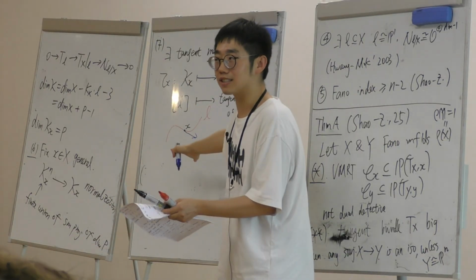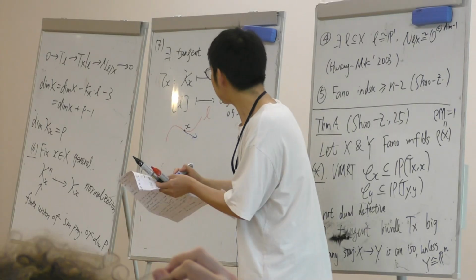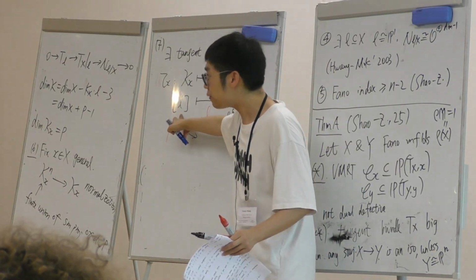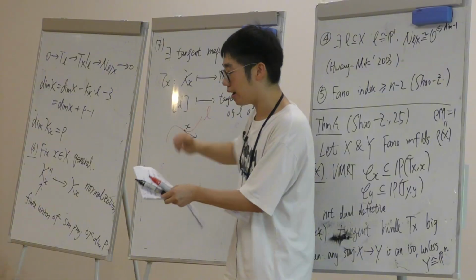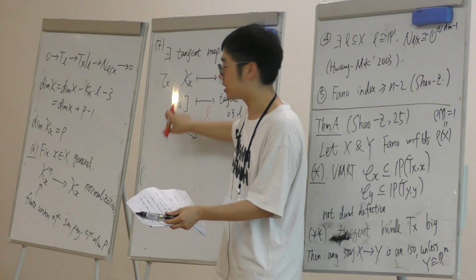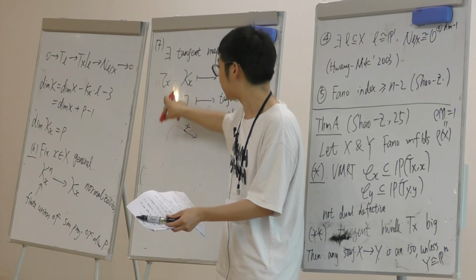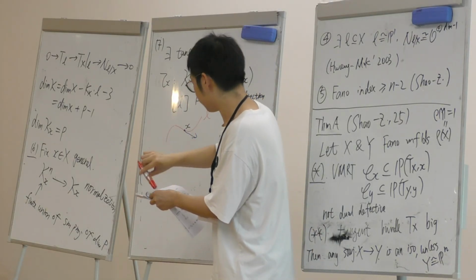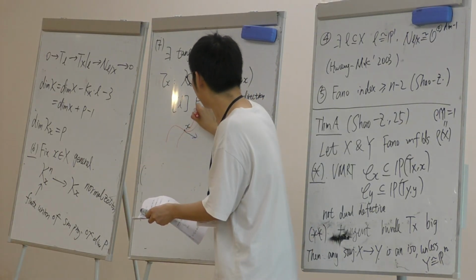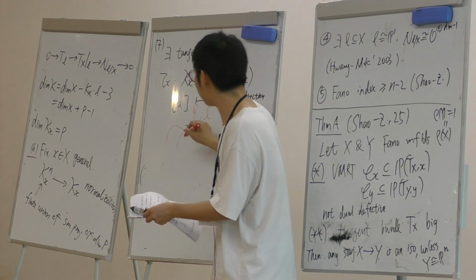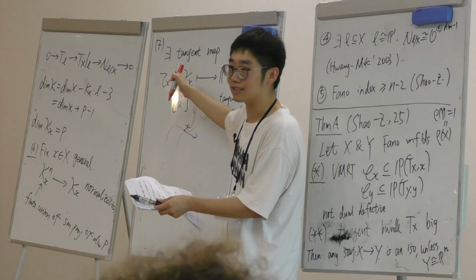So this is the tangent direction. This map means for every L, this is one L. Suppose you have another element passing through x, for example, another L, so this is L, this is L prime. L and L prime are all lying in this kx.